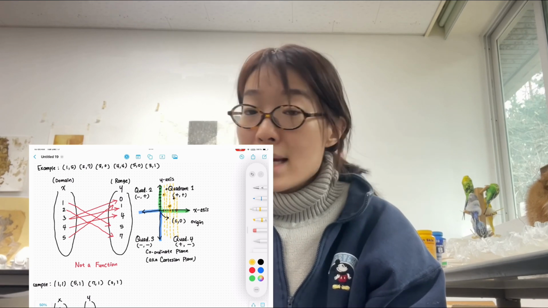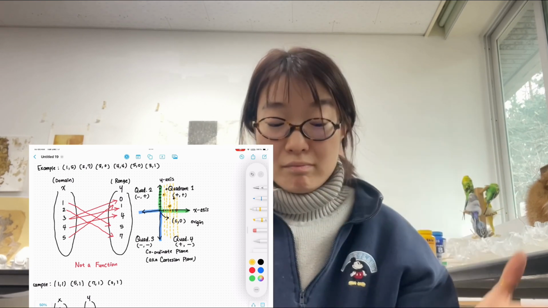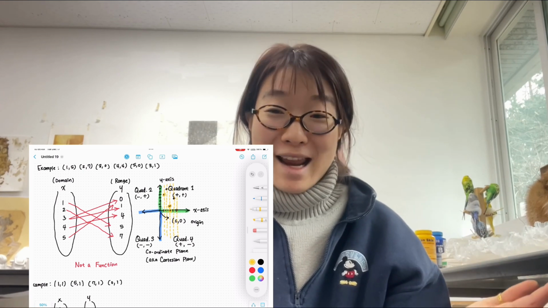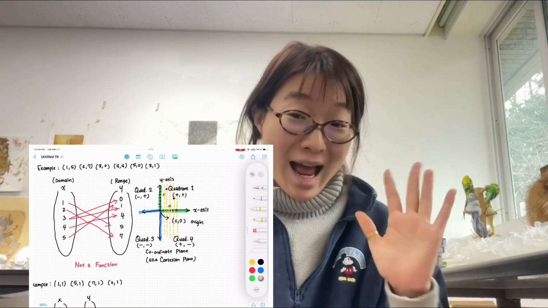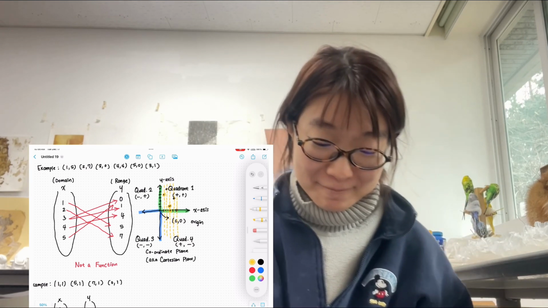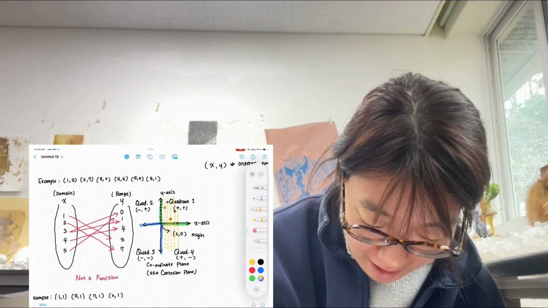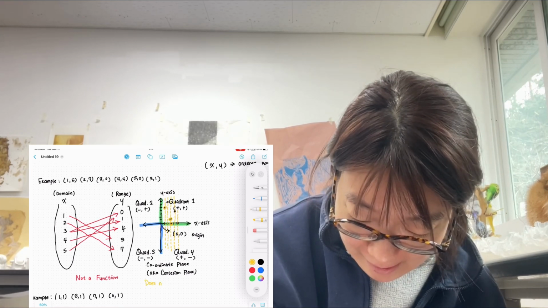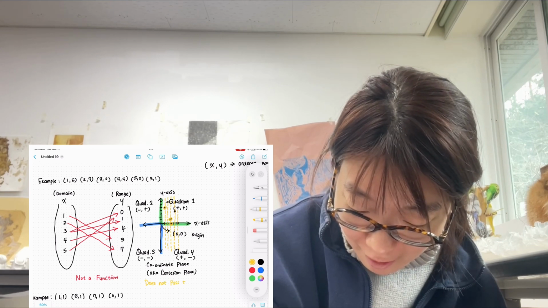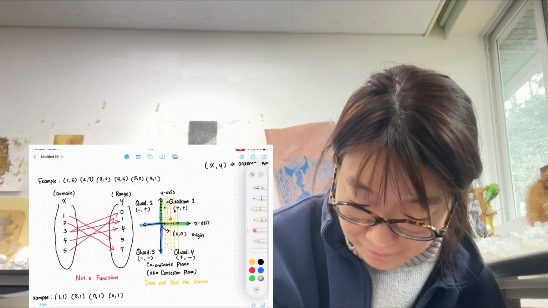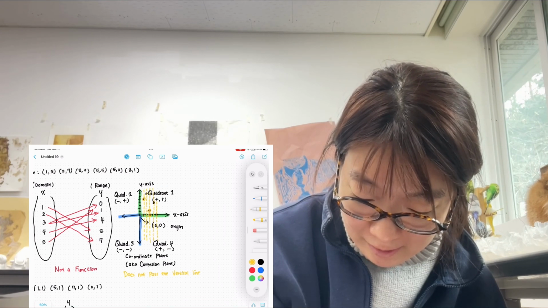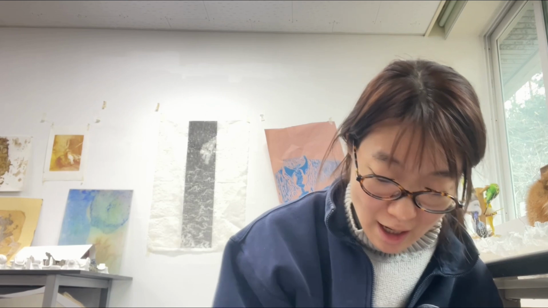So therefore, this set of coordinate points does not pass the vertical line testing. Therefore, it's not a function.